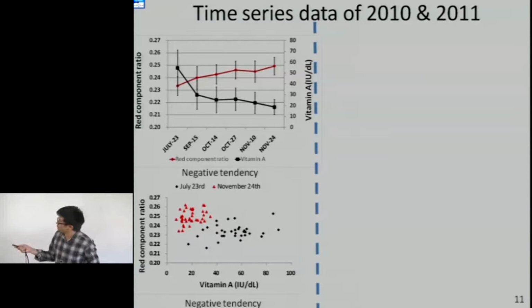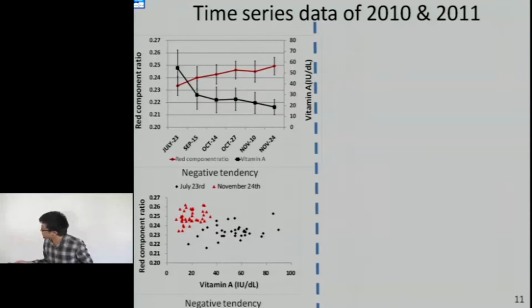Because in this graph we cannot see individuals, to compare the actual change, I plotted the data of 2 experiments, that is, at the beginning of the experiment and at the end of the experiment.